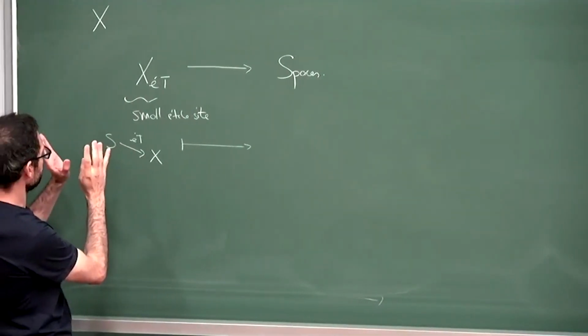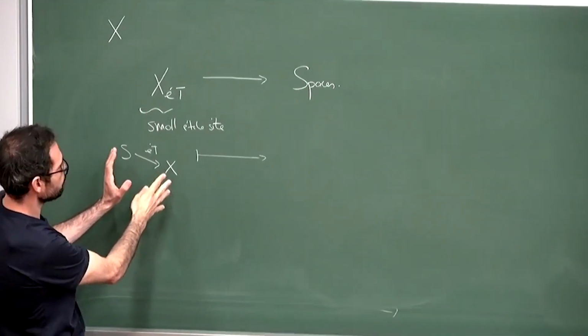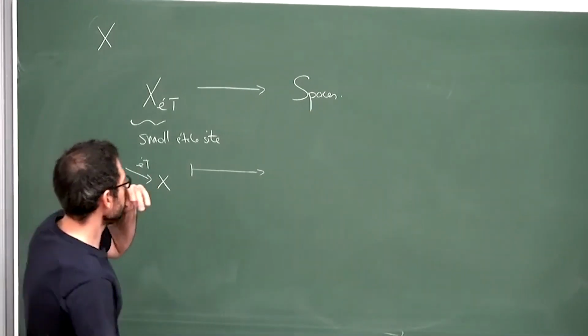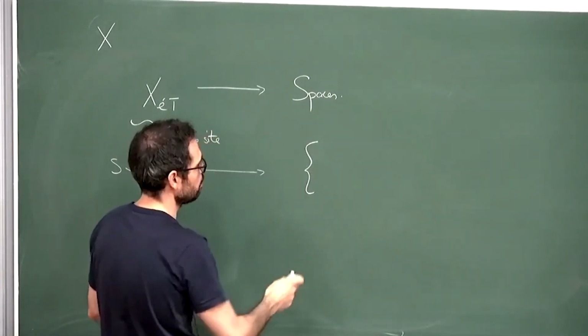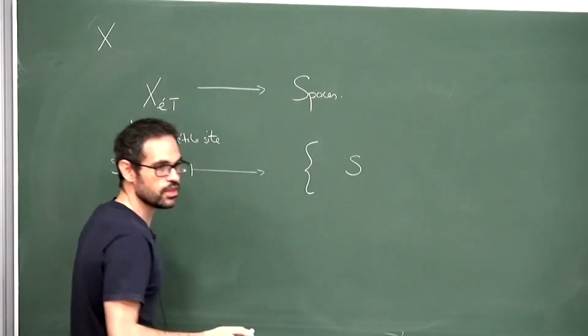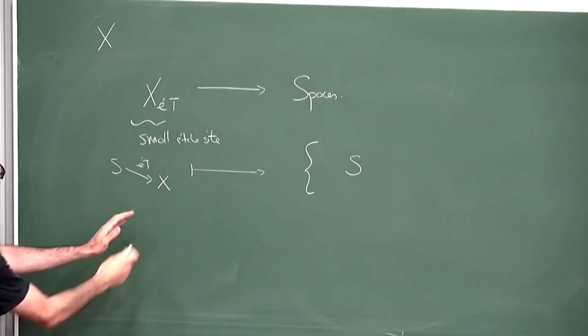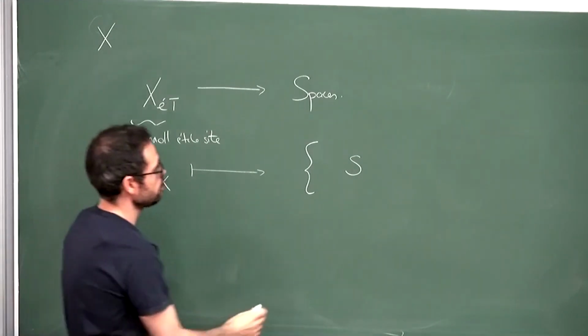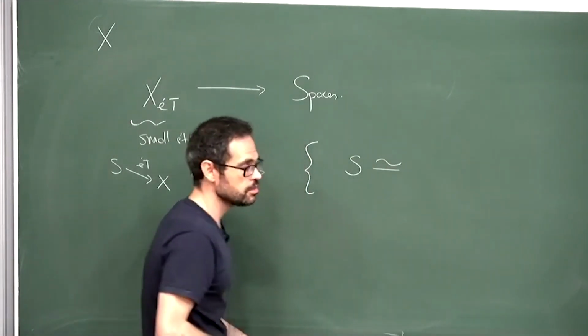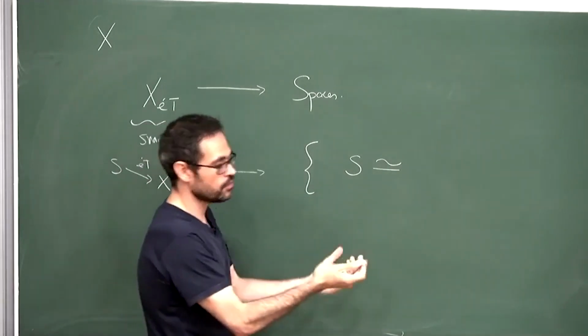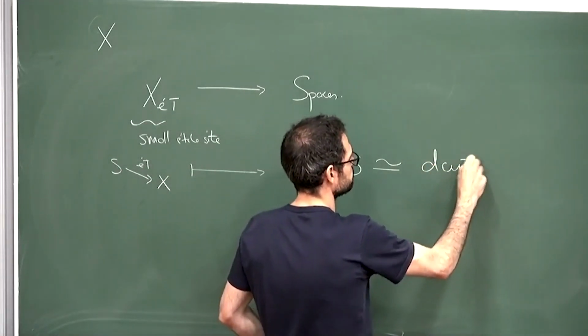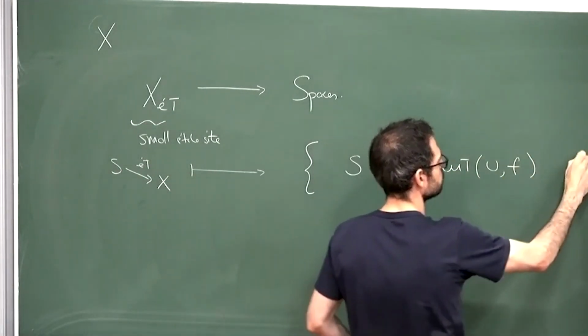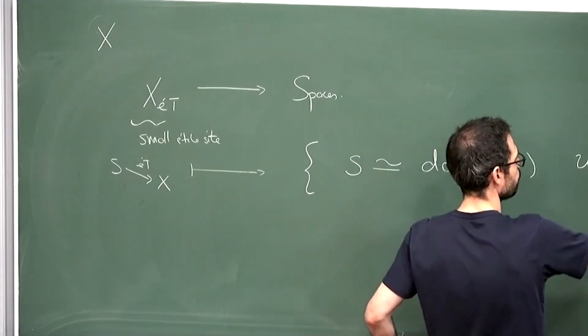So for every open neighborhood of a point on X, I will look at the collection of all possible identifications of S with the derived critical locus of some U and some F prescribed.